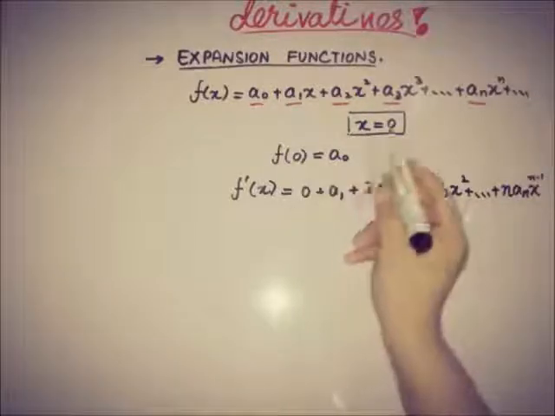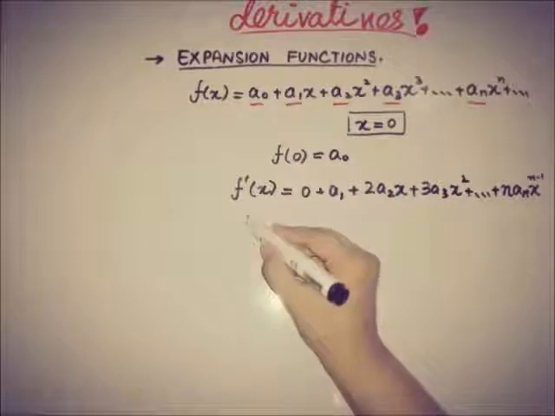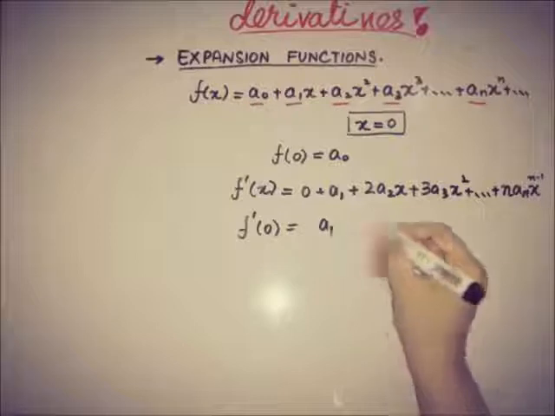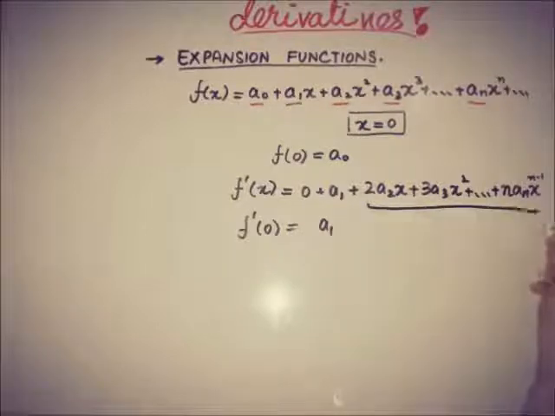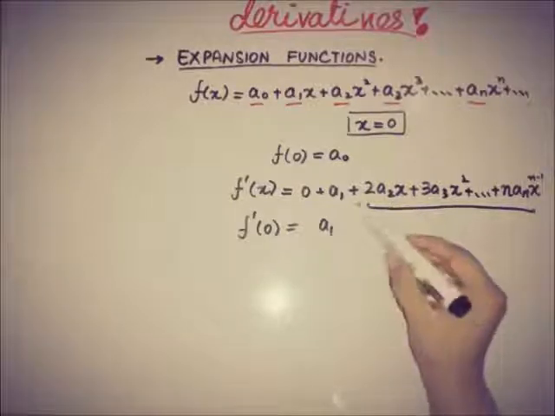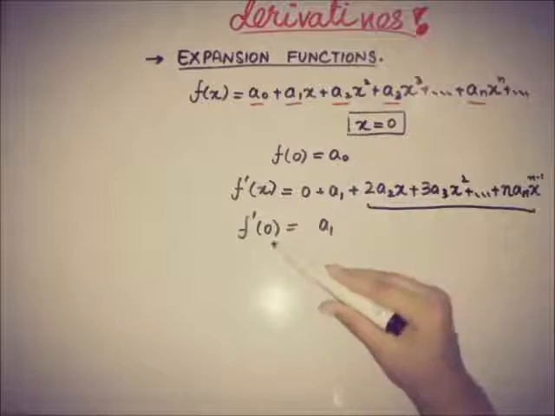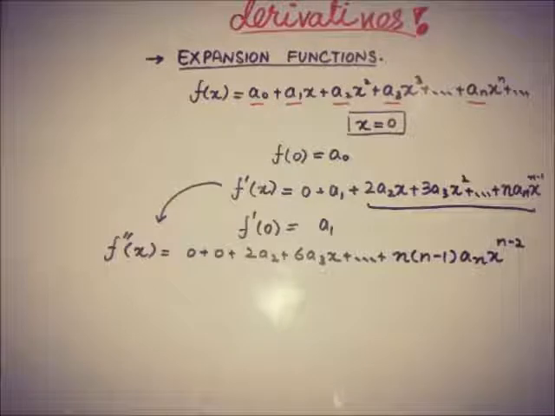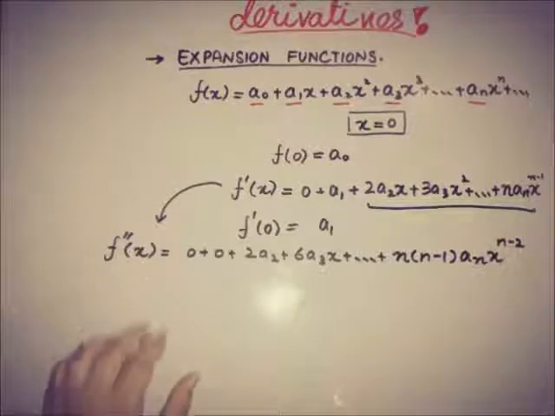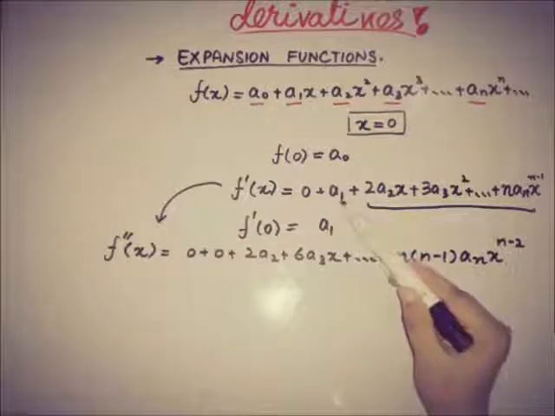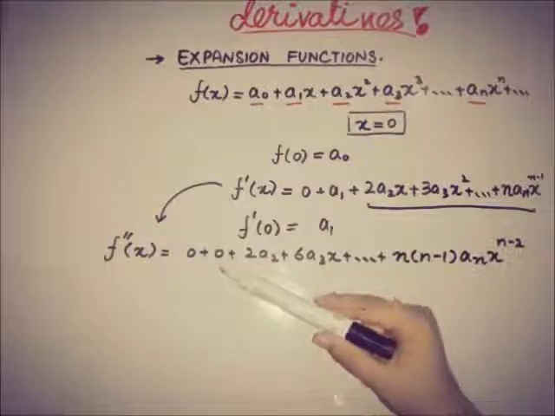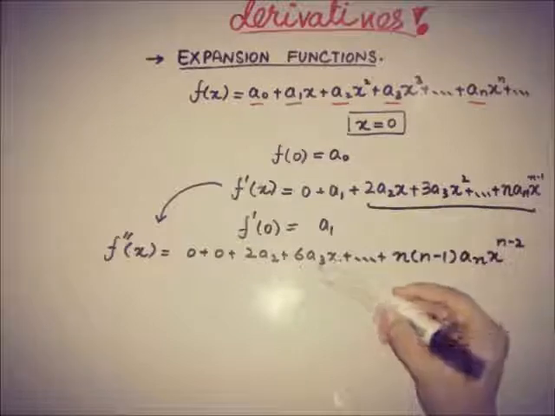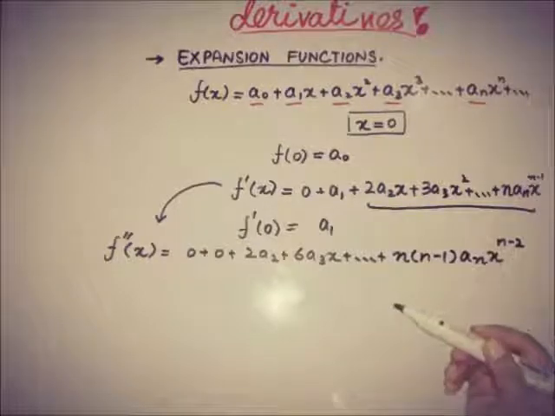So with x equal to 0, f dash of 0 is equal to a1, because all of the other terms are eliminated when x is equal to 0, and we are only left with a1 equal to f dash of 0, the first derivative at 0. Taking the second derivative, a1 is a constant so its derivative is 0, and the derivative of 2a2x will be 2a2, by applying the power rule as we did earlier.